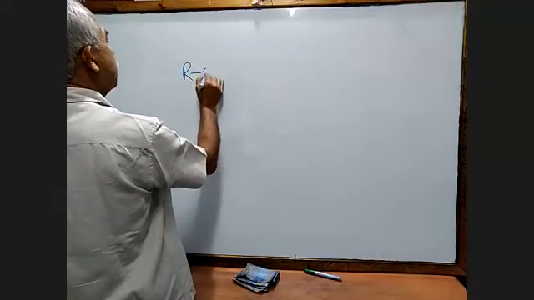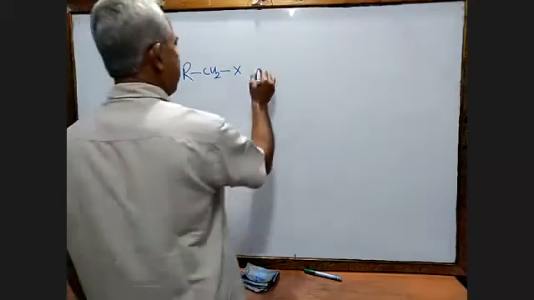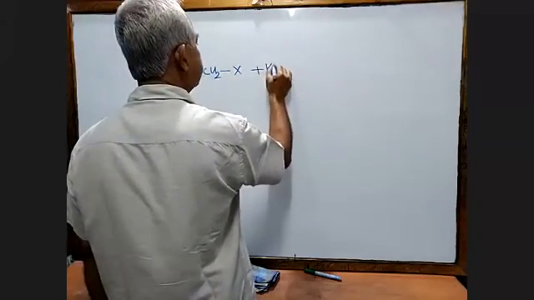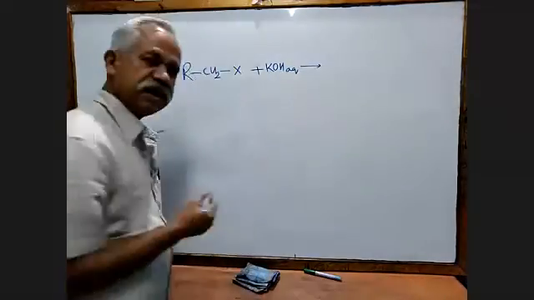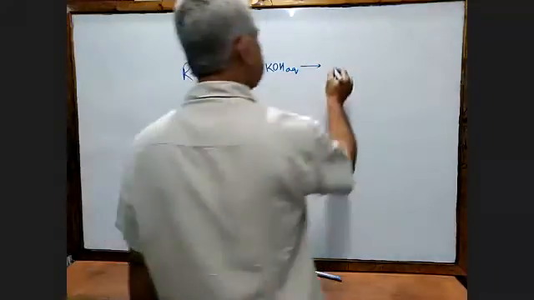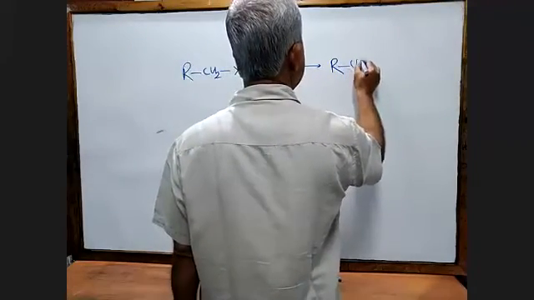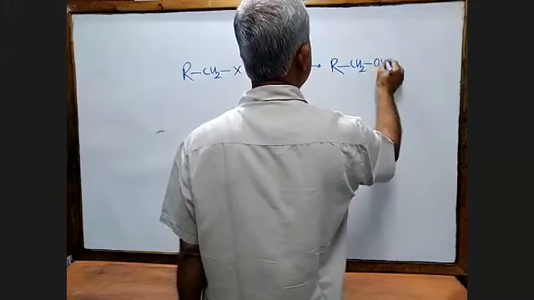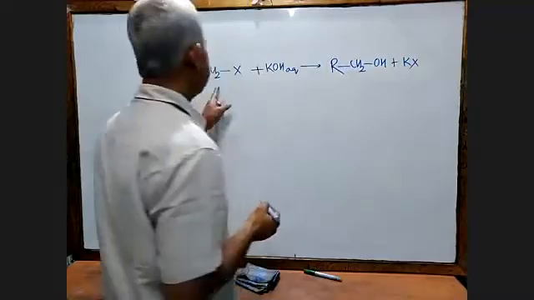RCH2F. If I treat it with aqueous potassium hydroxide, hydroxide is going to replace the halogen. I will get RCH2OH.